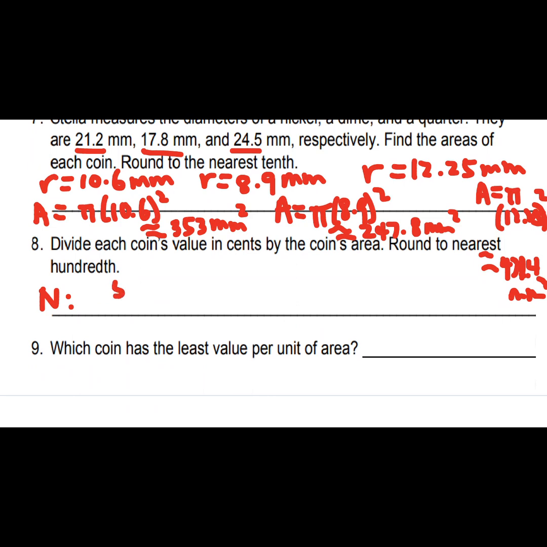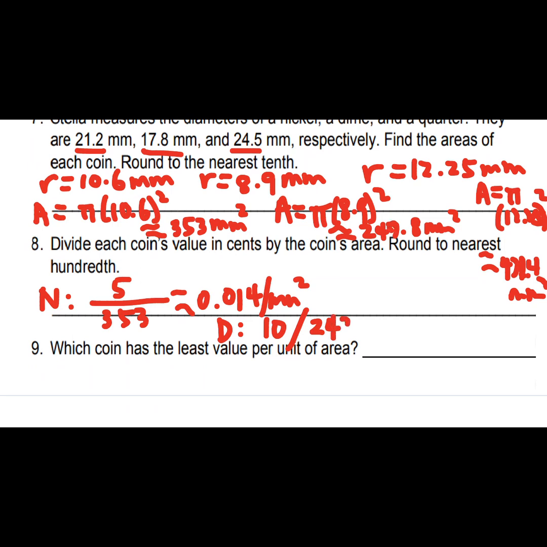The nickel's value is 5 cents, so we're going to take 5 divided by 353, let me do the math. 5 divided by 353, 0.014 per millimeter squared.